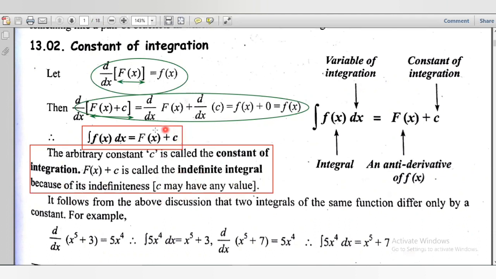But when you find the derivative, you are going to get f of x.